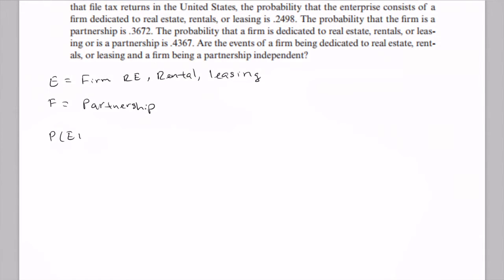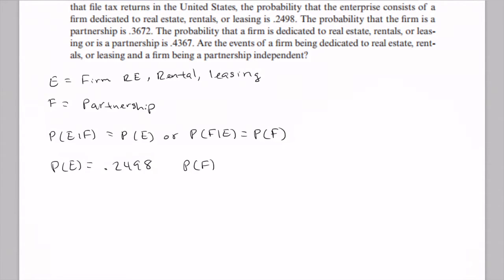So conditional probability of F given E is equal to P of F. That's what we want to find out. So P(E) is equal to 0.2498. Probability of F is equal to 0.3672. And probability of E union F is 0.4367.